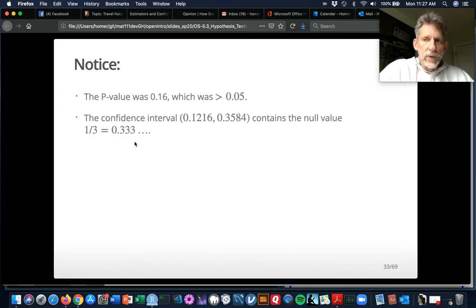So we were not rejecting the null, and the null value is within that range of values that the data say could reasonably be values for the population proportion. We did not reject. Null value was reasonable.